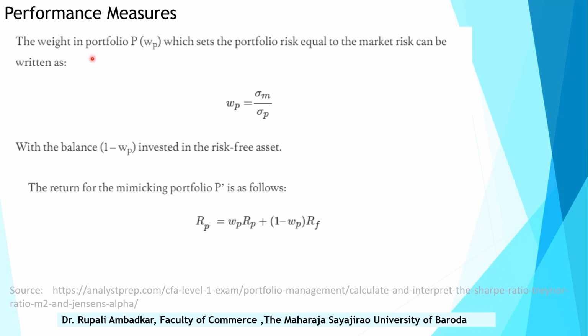So now once we have the weight of the portfolio P which sets the portfolio risk equal to market risk, and also the balance weight which can be invested in the risk-free asset, the adjusted return of the mimicking portfolio P is calculated like this: we take the weight of the portfolio P whose risk matches the market risk, multiply it by the return of that portfolio, and add the weighted return on risk-free assets.